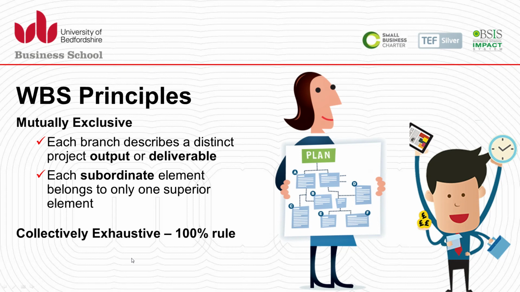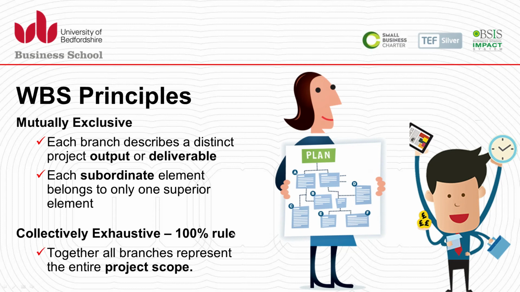Collectively, the exhaustive 100% rule is applied as a key principle. Together, all branches in the graphical illustration or flow chart of the work breakdown structure cover the entire project scope, giving the master plan in place, the decomposition and deconstruction of the project into every small chunk or element that needs to be performed.